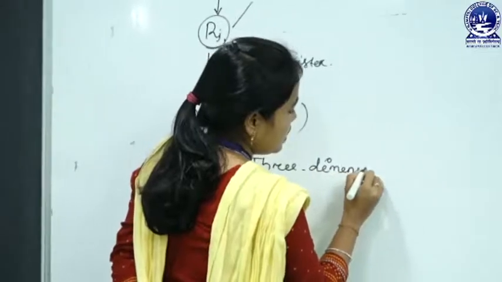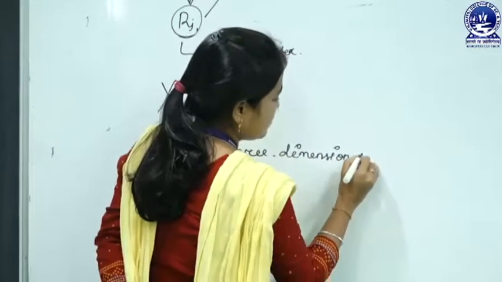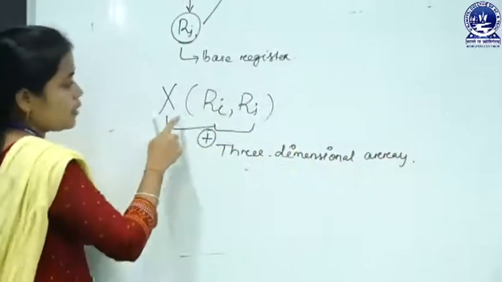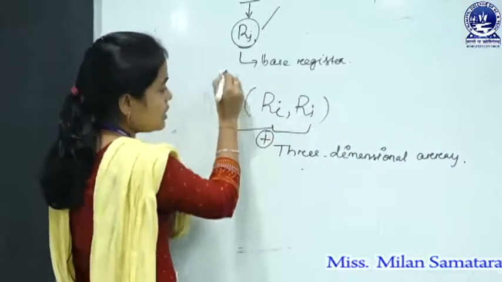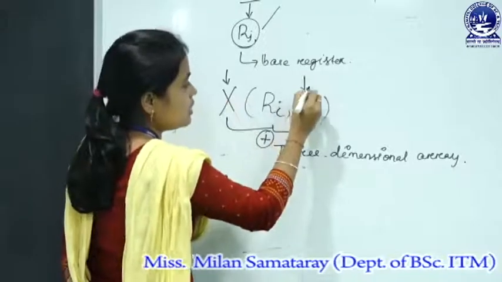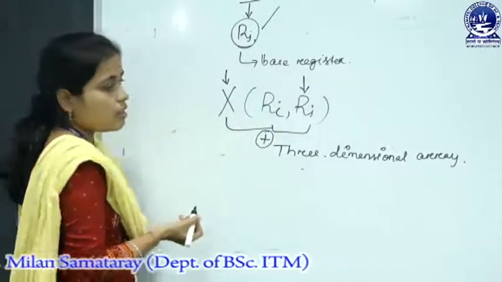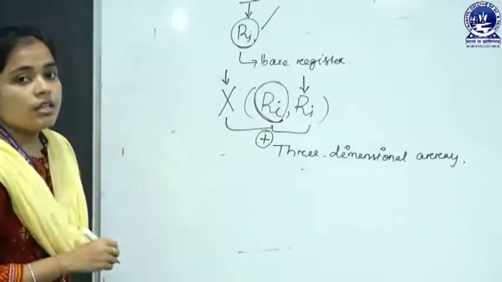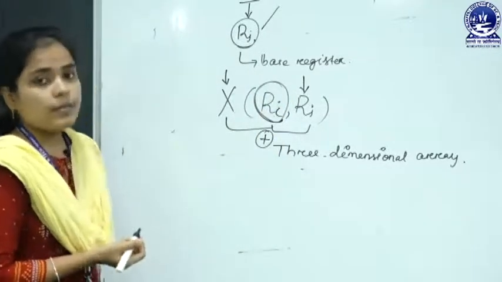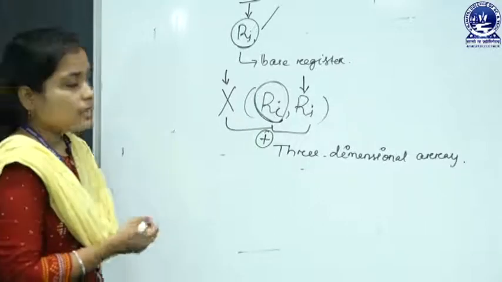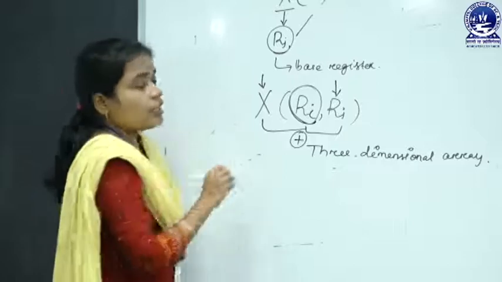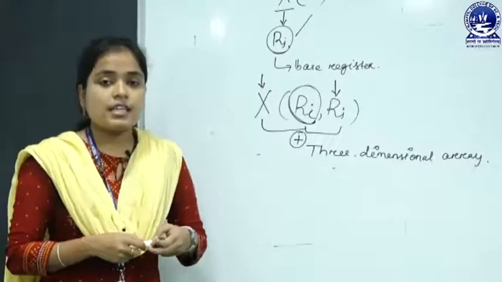When we are having 3 dimensions, there we use 2 offset values, one is in X, another one is in Rj or in base register, and with the Ri to get the new location or to get the effective address. Okay, that is the actual location of the operand. So, this is all about the index addressing mode.